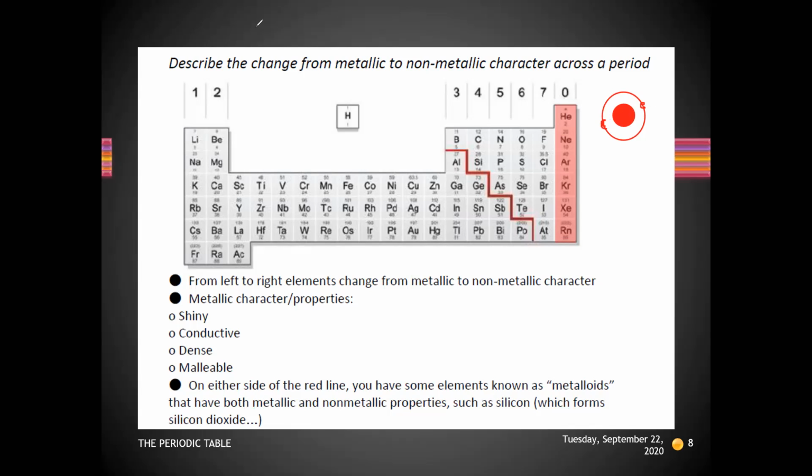When we check neon, the element after helium, which has 10 electrons, the first shell has 2 electrons and the second shell has 8 electrons.